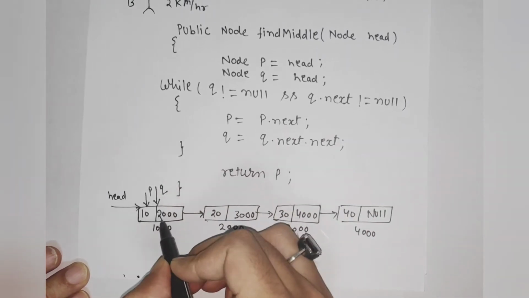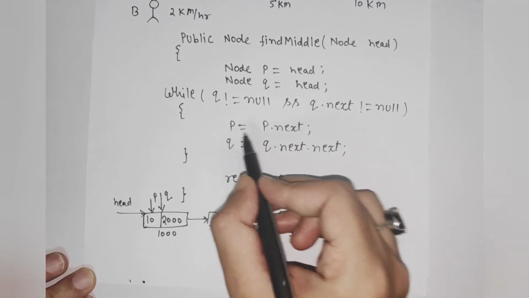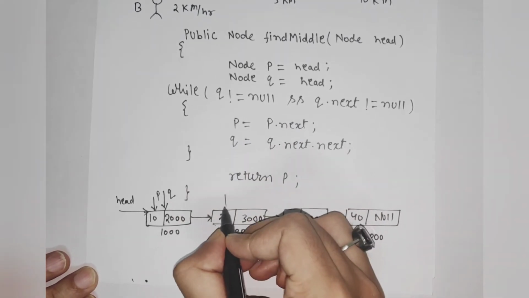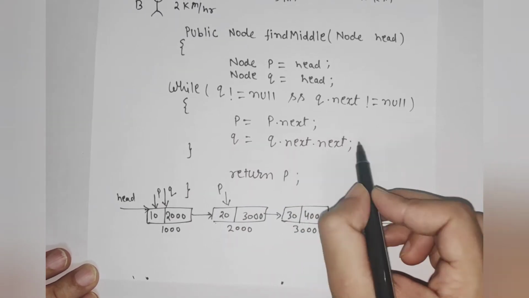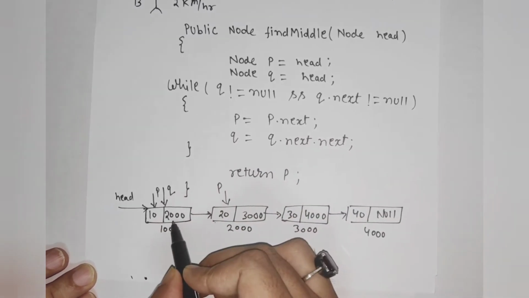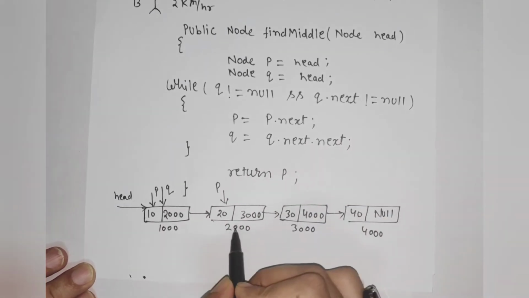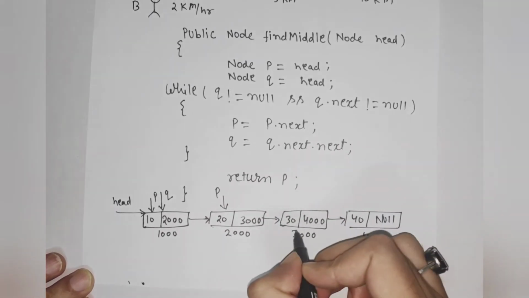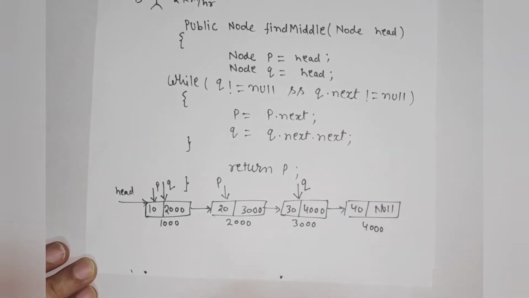Q dot next is 2000 which is not equal to null, so the condition is true. So we will increment P by 1. So P will be here and Q will be Q dot next dot next. So Q dot next is 2000 and 2000 dot next is this, 3000. So Q will be here at the 3000.